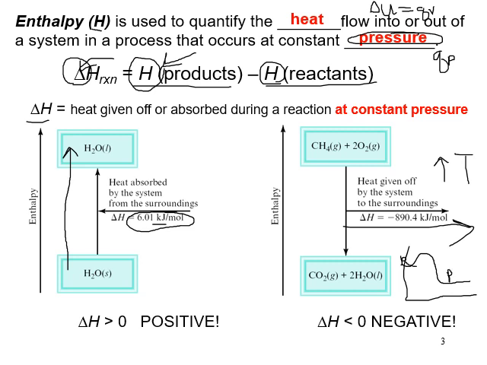These are the products. That enthalpy change was right here, this delta H. And remember, a delta means change in. So that means that the enthalpy of the products is lower than the enthalpy of the reactants. So just put numbers with this. Say this is 10 and this is 50. If that's the case, your change in enthalpy is negative 40.